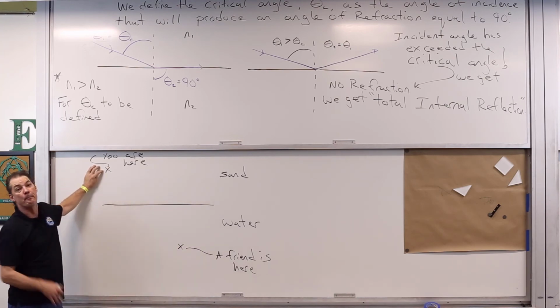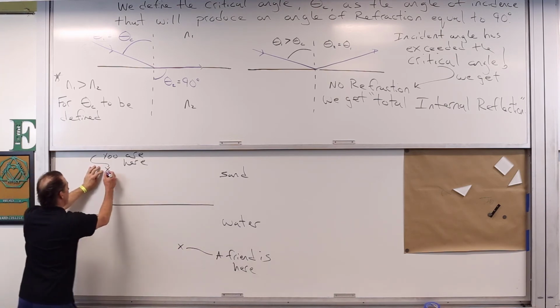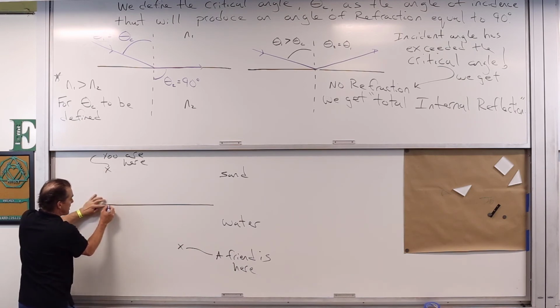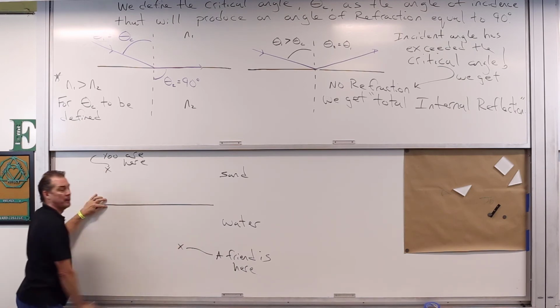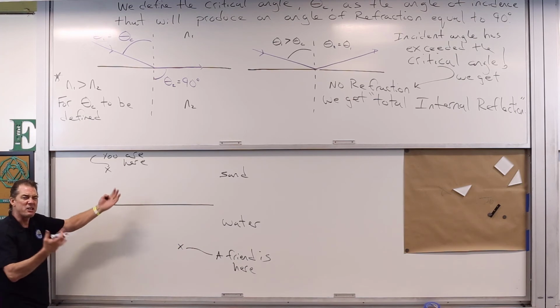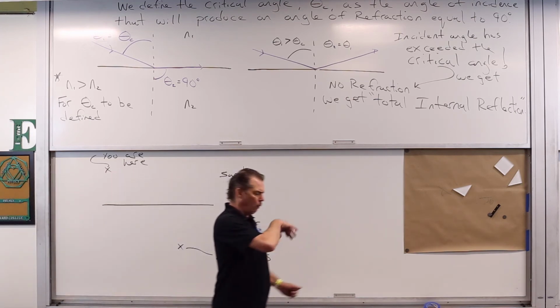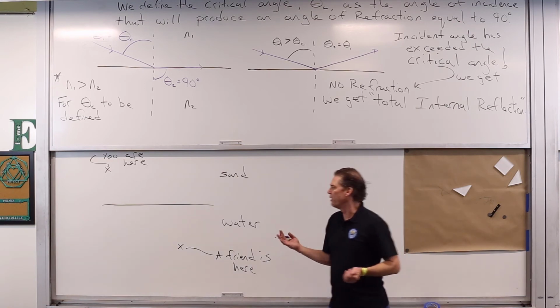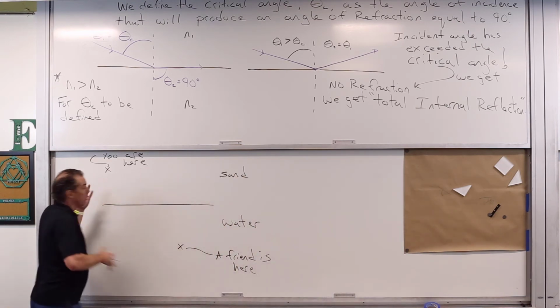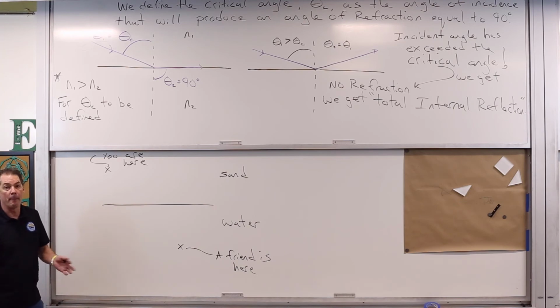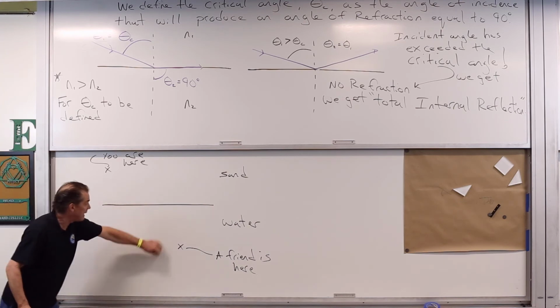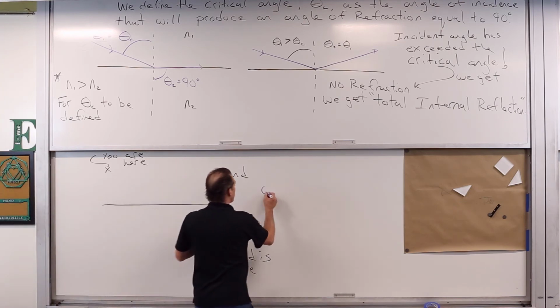Or if I swim much, much faster than I run across the sand, let's minimize the time I'm running across the sand and maximize the time that I'm swimming. Usually it's somewhere in between, right? You run pretty fast, you swim pretty fast, but you run a little bit faster. So then what? Well, then you want to be running a little bit more to minimize the time that you spend getting to your friend.